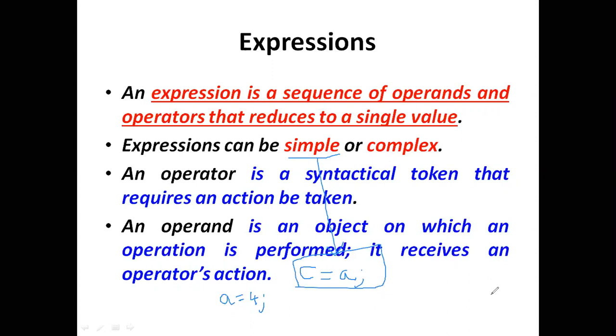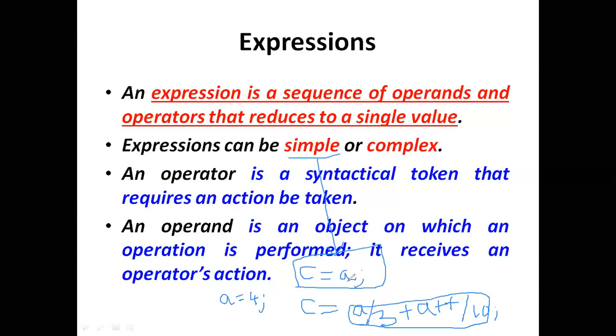And here I am writing c is equal to a divided by 3 plus a plus plus, and a plus plus divided by 10. Like this we have mentioned one expression, and this is somewhat complex.